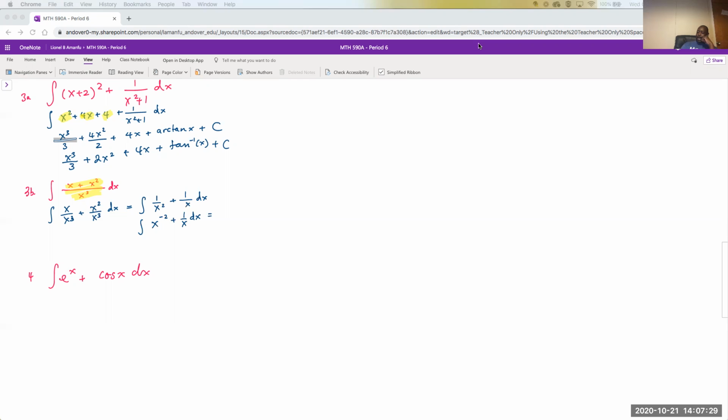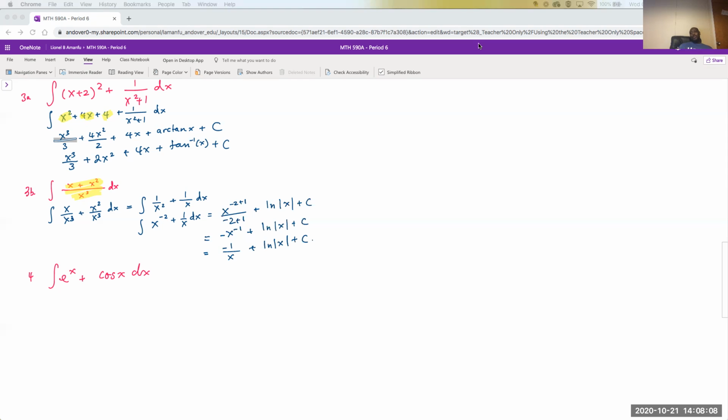And then I'm going to apply the power rule of integration, which gives me x to the negative 2 plus 1 divided by negative 2 plus 1, plus ln absolute value of x plus c. So this cleans up nicely to give me x to the negative 1 minus... plus ln absolute value of x plus c, which eventually becomes negative 1 over x plus ln x plus c.